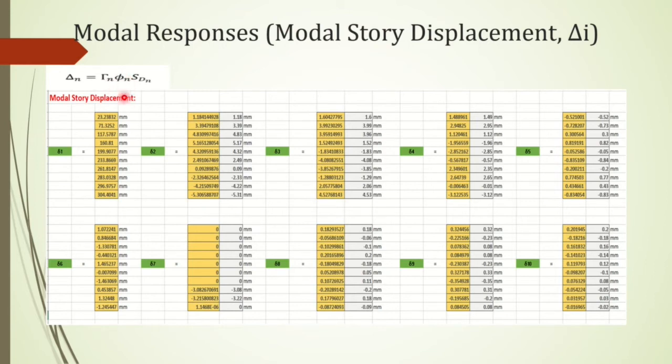This Vn is also a 10 by 1 matrix, 10 rows, 1 column, but we will multiply them as 1. This Sdn is 10 rows, 1 column also, but we will multiply them individually. So, 1, 10, and 1. So, this is its result. We call them delta 1, 2, 3, 4 to 10. That's it.